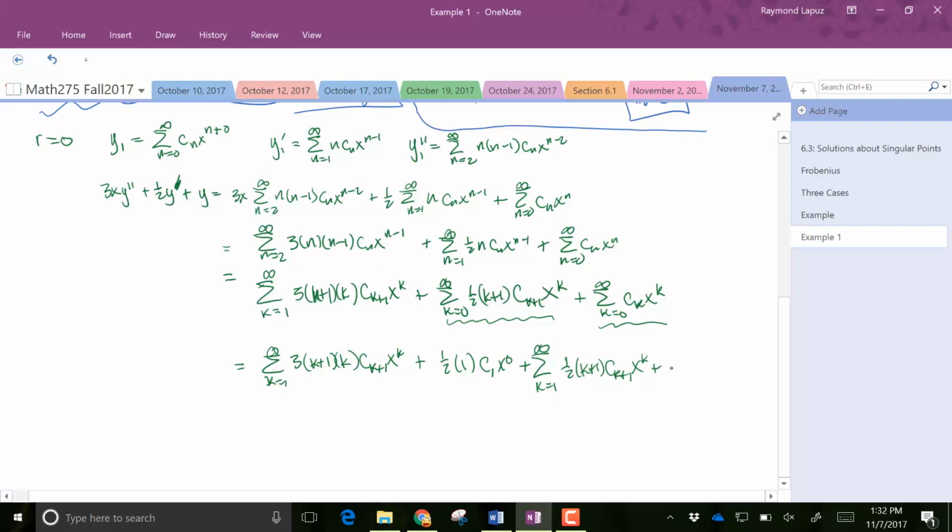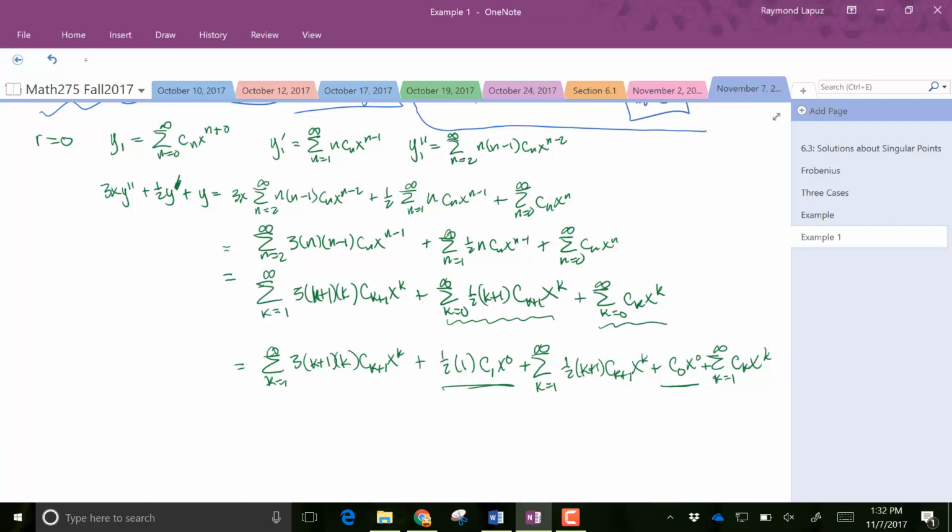And then I'll extract the same information over here when k is equal to 0, and then the rest of this when k is equal to 1. So I have my constant terms because x to the 0 power is just 1. So I basically have a constant term.